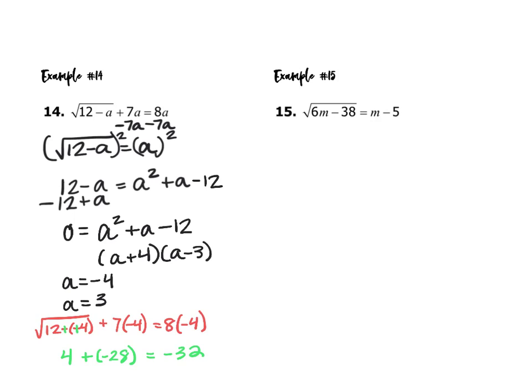Well, this is actually negative 24. So that one won't work. So negative 4 is extraneous, which means it's not a solution. However, when I plug in the number 3, it does work, so that will be the solution. I want you to try number 15 on your own.